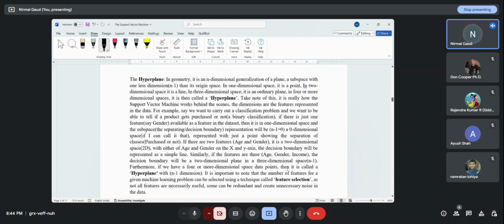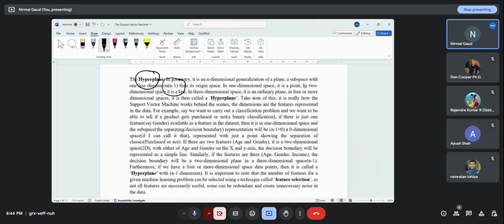Hyperplane, I already told you in yesterday's class that we want a decision boundary to separate classes. That's what we are calling a hyperplane. If we have n dimensional data, the hyperplane will be of n minus 1 dimension.